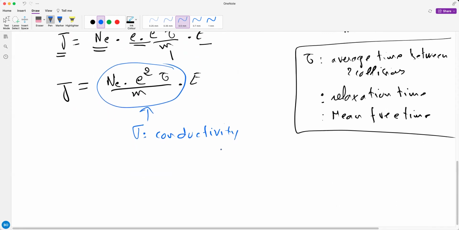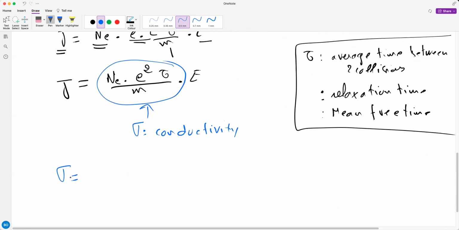Now, this is really Ohm's law: conductivity is equal to the current density divided by the electric field. So the unit of the conductivity is 1 over ohm meters, or Siemens per meter, because Siemens is ohm to the minus 1. Any question?